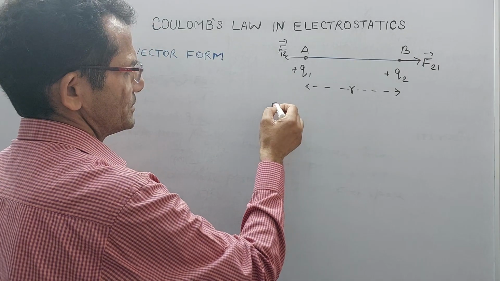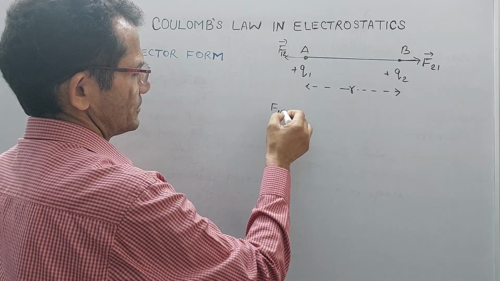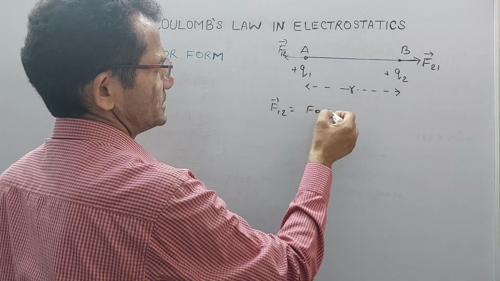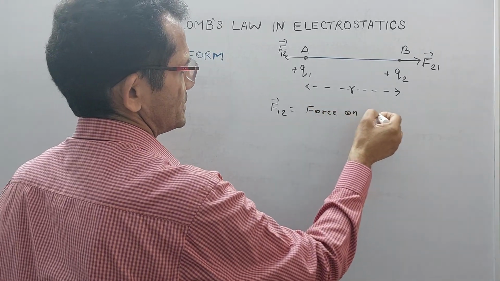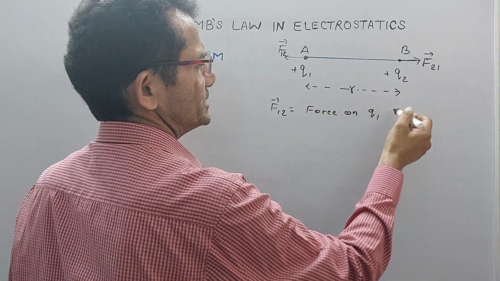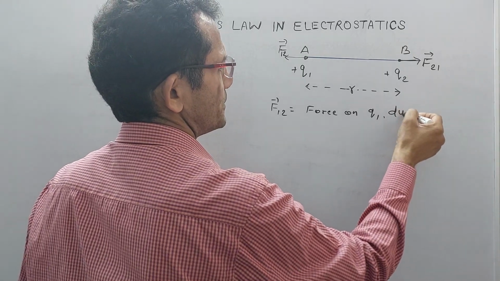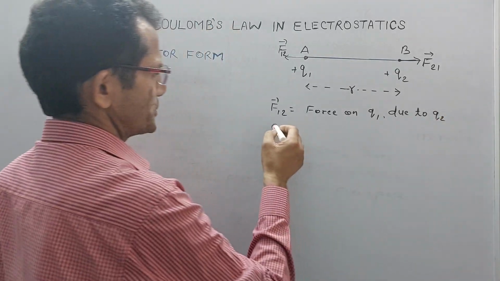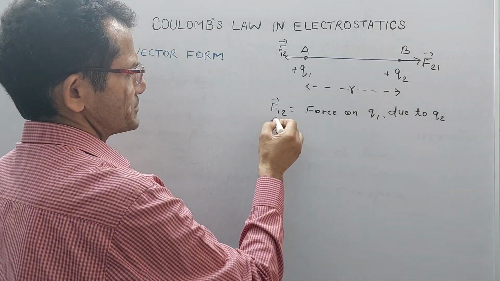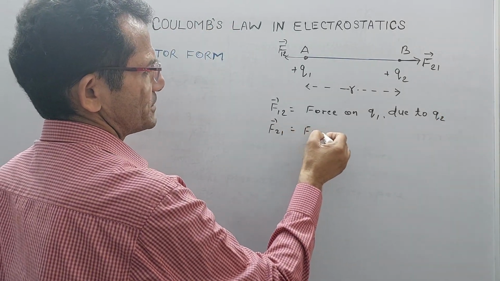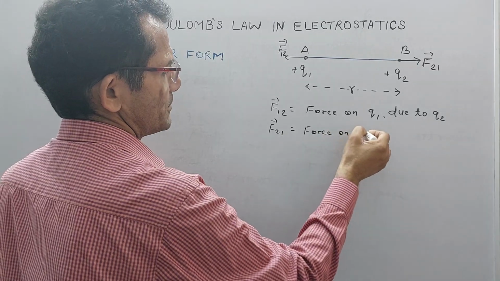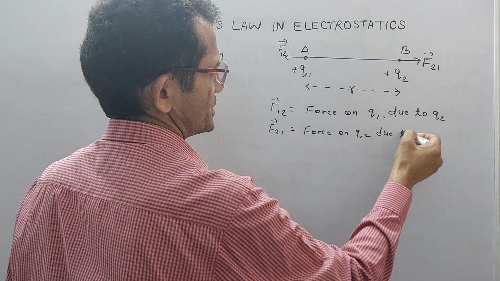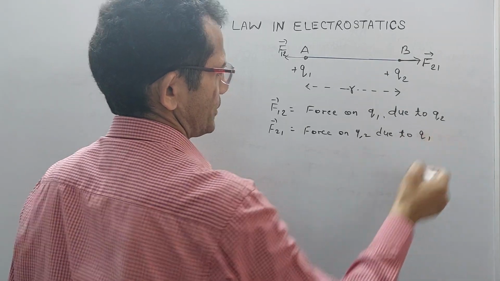So this is the force on q1 due to q2, and similarly F21 will be the force on q2 due to charge q1.